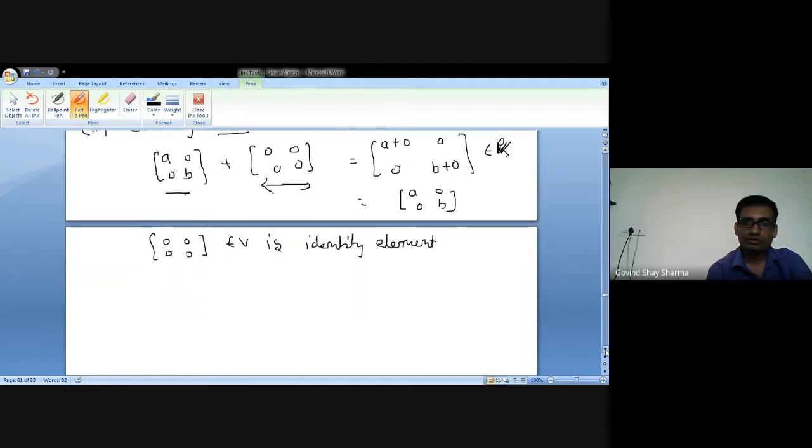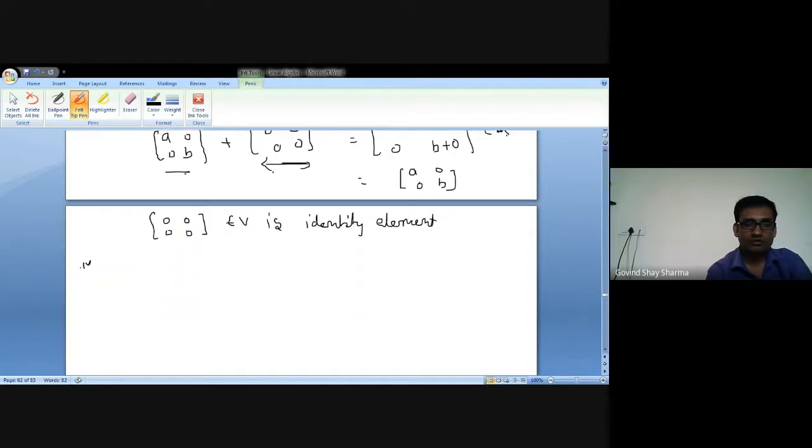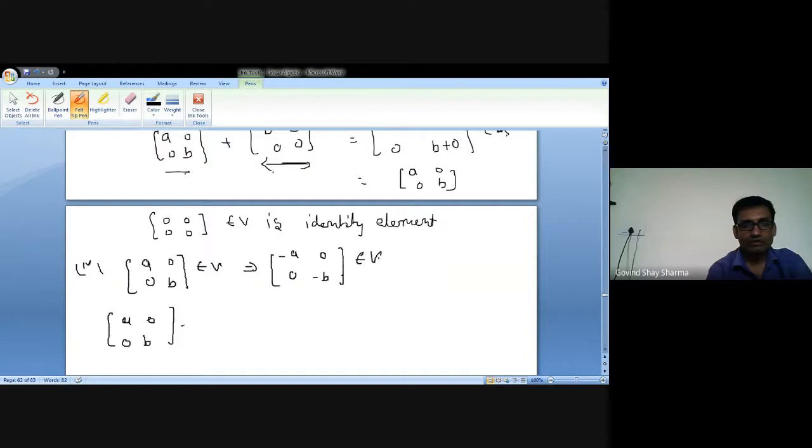Similarly, if [A B; 0 0] belongs to V, then minus A, because minus A is also an element of the real numbers, also belongs to V, and the addition of these gives us the identity element 0, 0, 0.